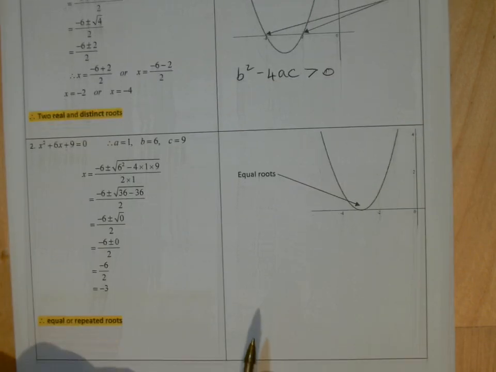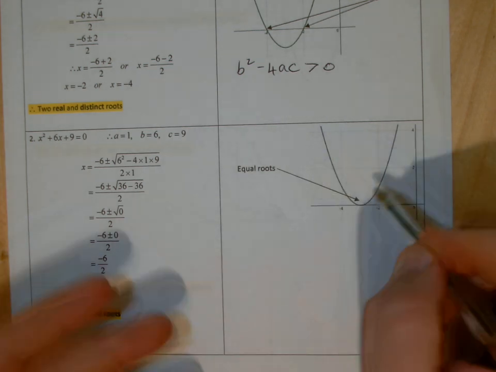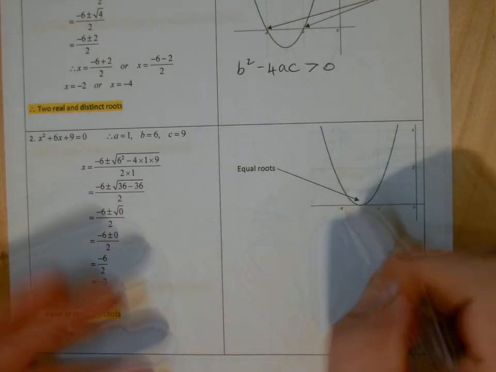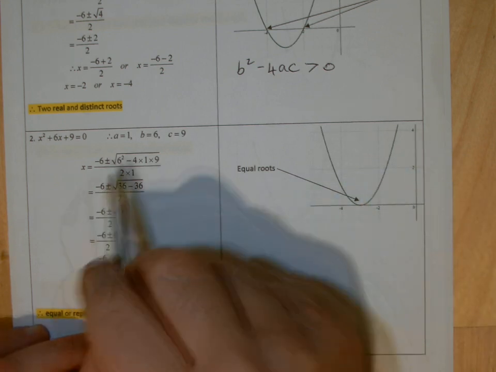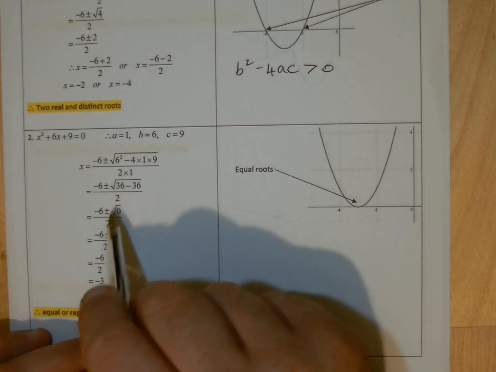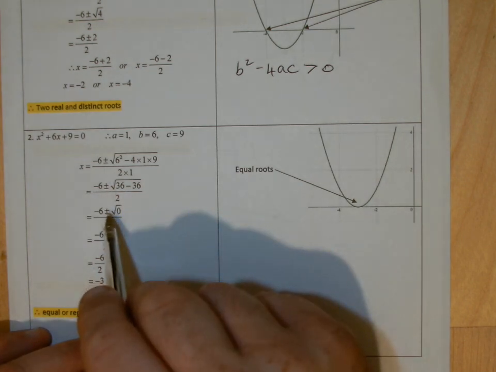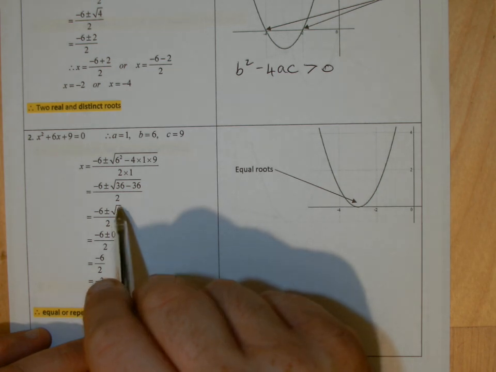When we look at the second one, notice we had equal or repeated roots. It's a real root, but it's an equal root. We've only got one answer essentially. Now look here at the reason why we only had one answer. Of course, we've got the plus or minus option still in our quadratic formula. The issue was though that this was equal to 0.